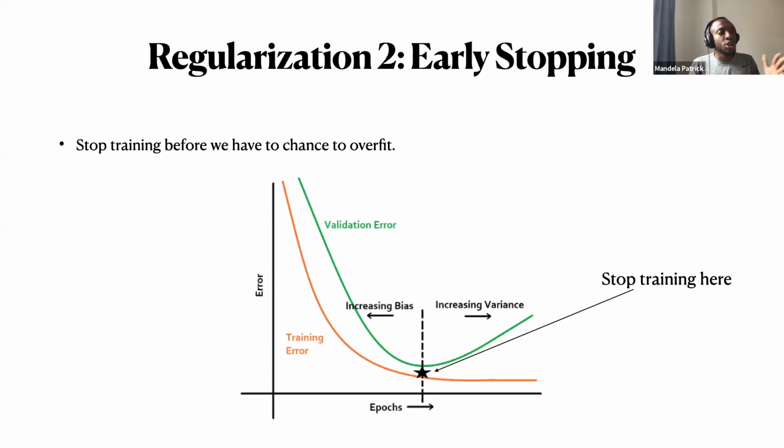And then you're also measuring what we call your validation error, which is your loss on a validation data set. You want to stop training when you keep on doing well on your training data, but you start doing badly on your validation data. That means you're overfitting to the training data, but not generalizing well to the validation data.